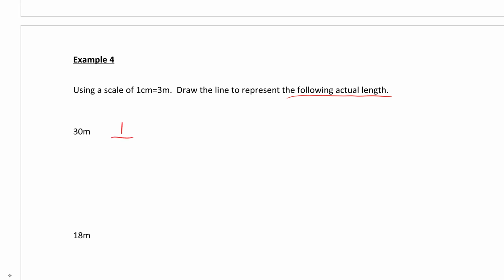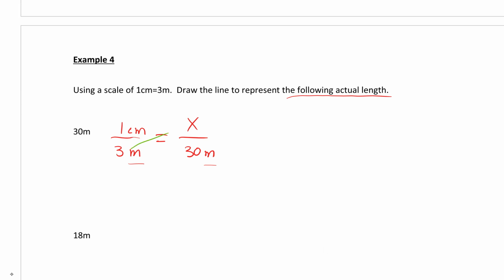Using the scale of 1 centimeter over 3 meters, we want to find out what our scale is, so x goes on top, and our 30 meters goes on the bottom. Notice how the meters and meters are beside each other, and we have our centimeters, and we're going to find our scale, which is going to be in centimeters.